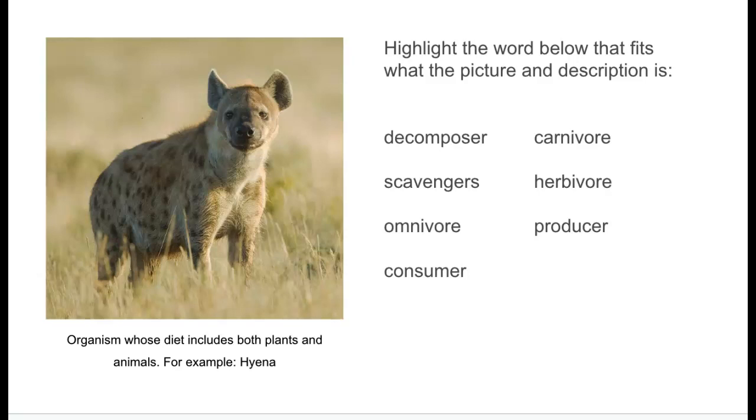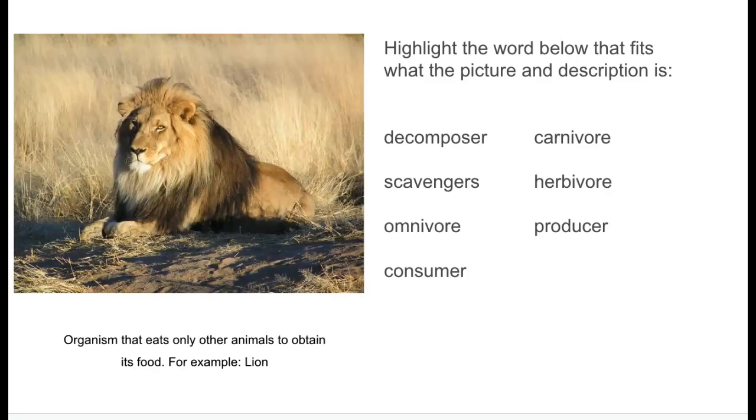Under the picture, an organism whose diet includes both plants and animals, for example, a hyena. Under the picture, an organism that eats only other animals to obtain its food, for example, a lion.